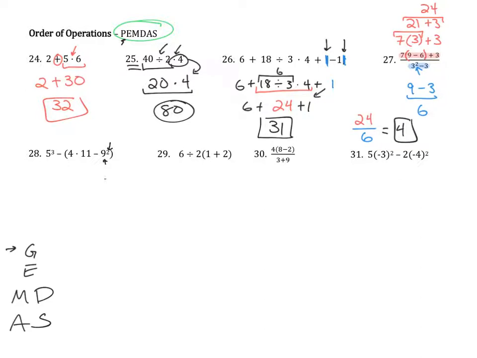So we can do the 81 here for the 9 to the second power. And I'm just going to sort of seamlessly flow over into, since we're done with exponents, we can go into multiplying and dividing. 4 times 11 is 44, and it'll be positive because both of our factors here are positive.